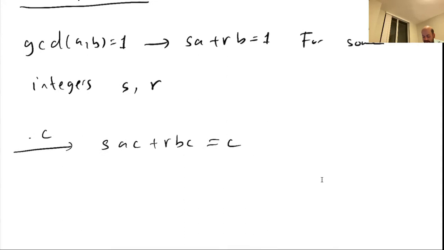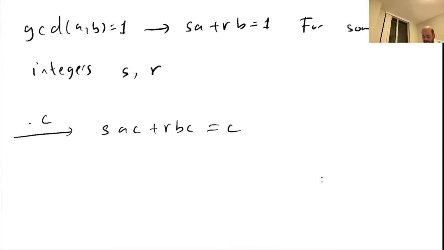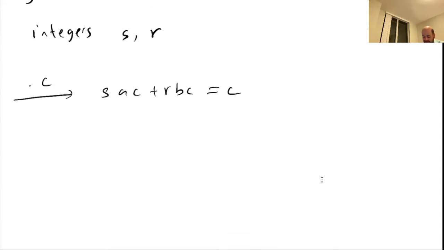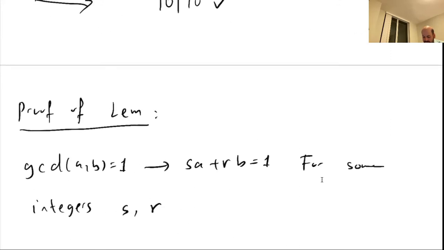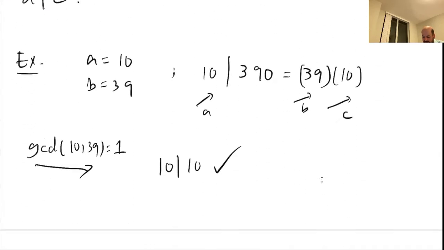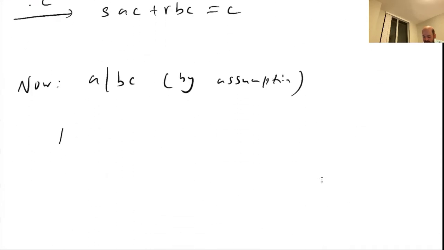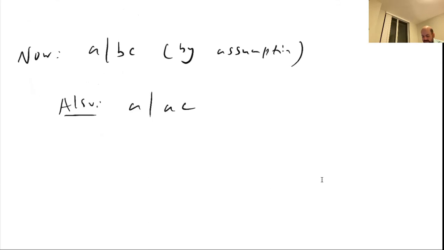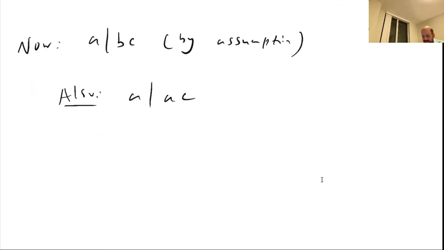Now, what do I know about A? I'm assuming that A divides BC, right? So A divides BC by assumption. What else do I know? Also, A divides AC, because A is a factor of AC. So A divides BC, and A also divides AC.